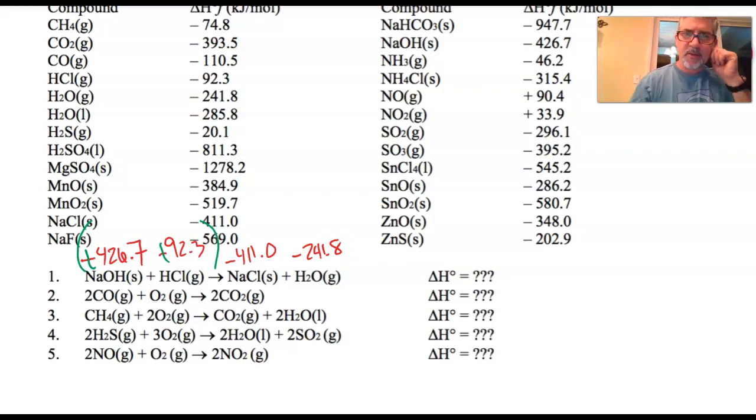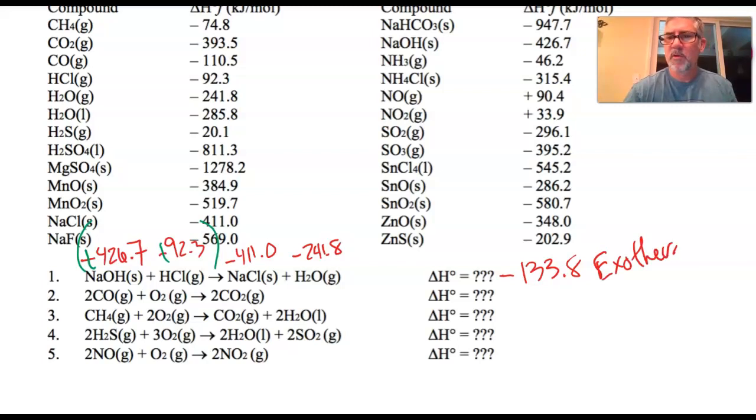Well, I get to the tenth, because it's an addition, so I get 133.8. So my delta H is negative 133.8, and that is an exothermic reaction. Okay, so fairly easy.